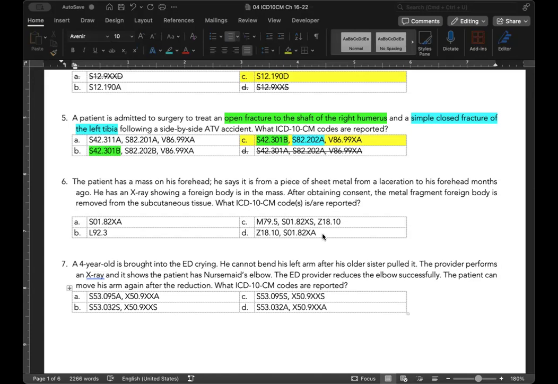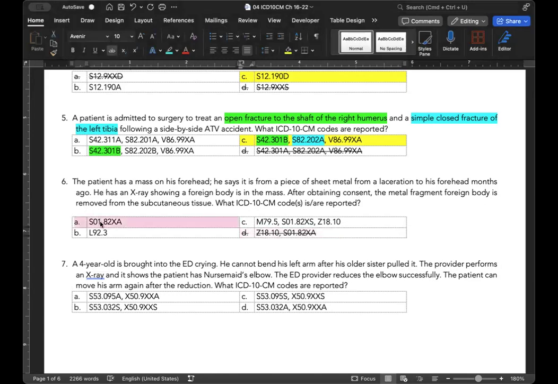So, if that's the case and we are no longer in the active treatment phase, the letter A's are incorrect, right? We know that the acute phase of that injury is no longer applicable. So now we are looking at a sequela because the piece of sheet metal is still in there.